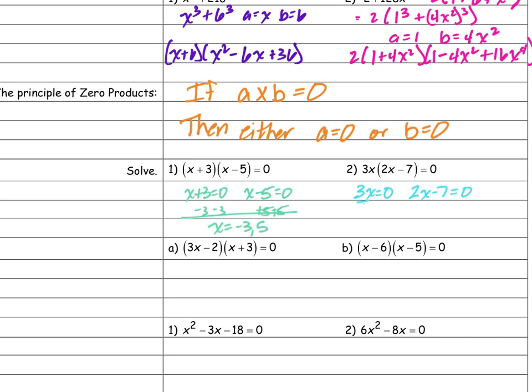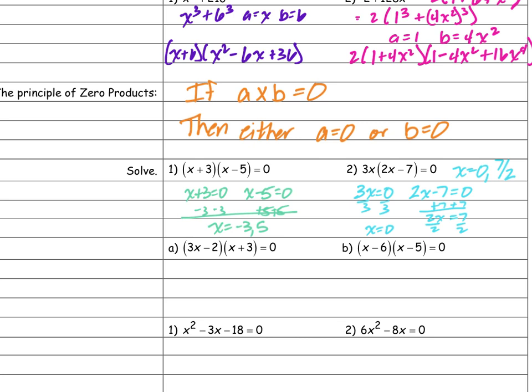First one, divide by 3, and x equals 0. The second one, I'm going to add 7. I'm going to write kind of small since I don't have a lot of room. 2x equals 7. Divide by 2, and x is either 0 or 7 halves. Okay, so I want you to go ahead and do a and b.